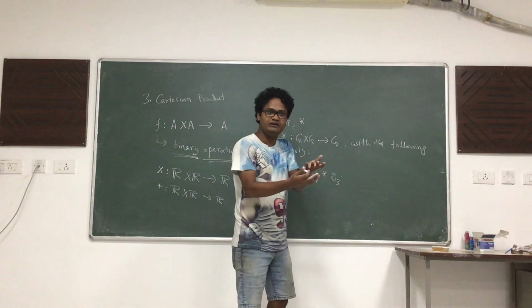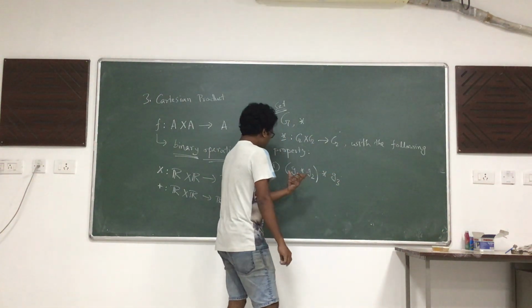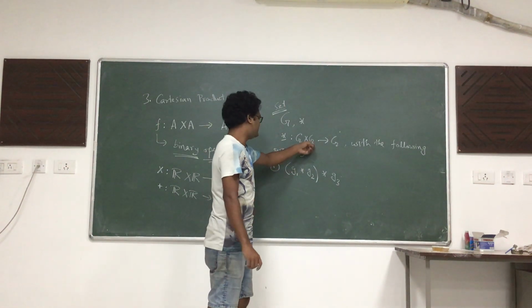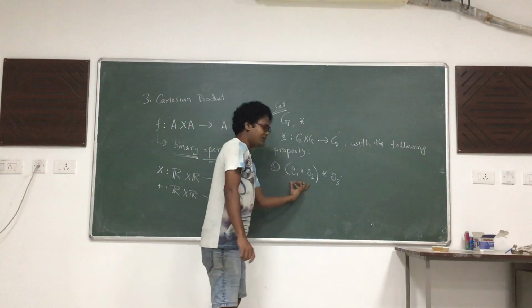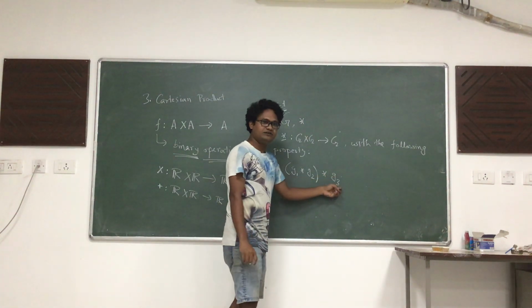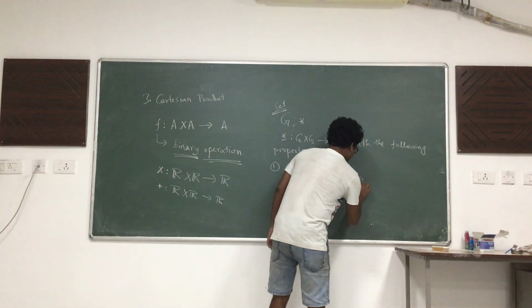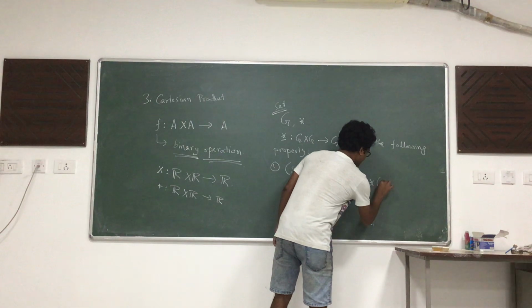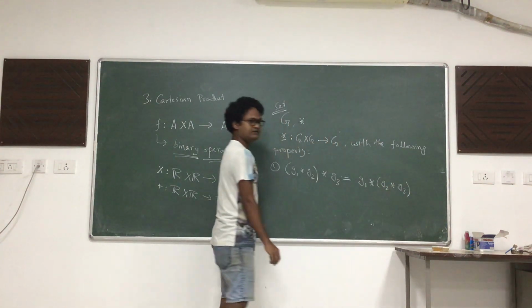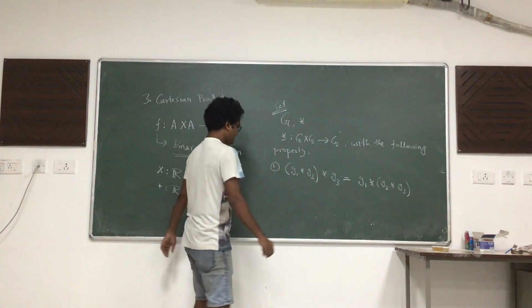I mean, the output will be another object from the same set. So let's say G1, G2 are objects from the set G, and then I get some output, and then I act another binary operation with G3 from G. And if it is equal to G1 times G2 times G3, so this is called associativity.